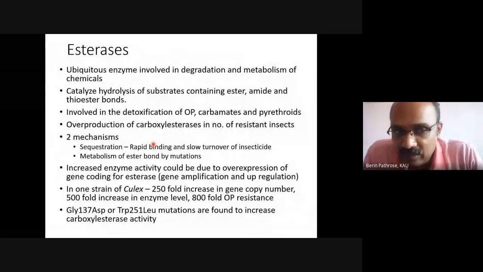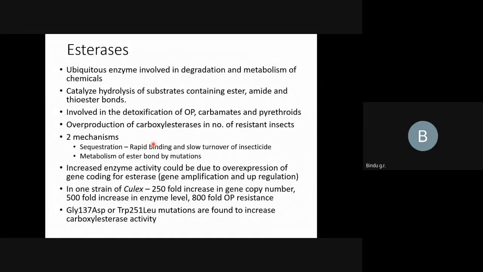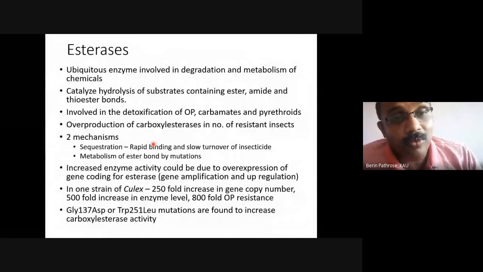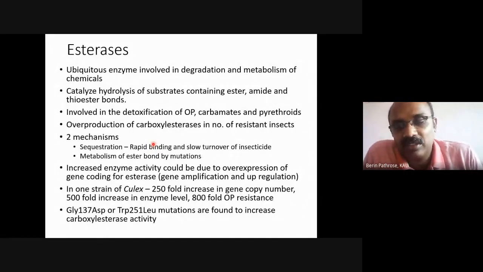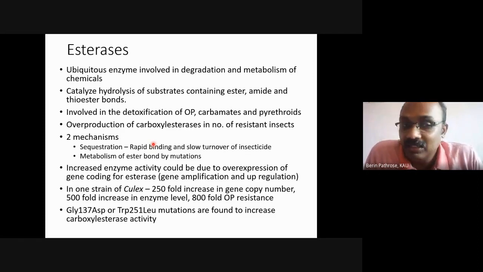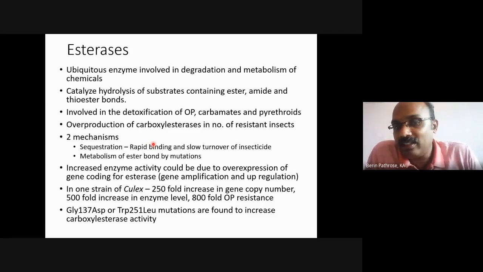Sequestration is nothing but binding. If something is sequestered, it is bound; the literal meaning is binding. So that means the enzyme will remain tightly bound to that insecticide.